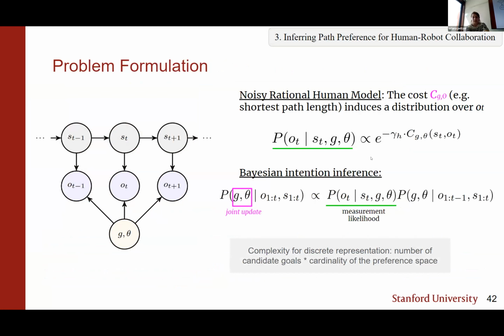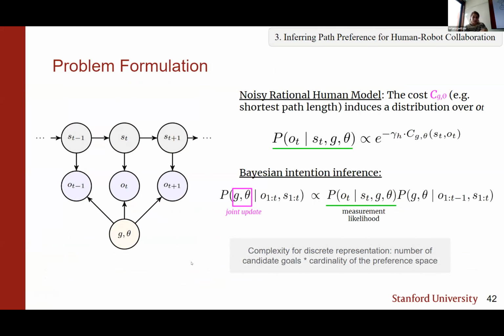And just to go a little bit further on the model, we're assuming a noisy rational human model. This is a common approach where we assume that the human's going to take actions to try to minimize some cost function, and the likelihood of the human taking this action is going to decrease exponentially with the increase in cost. And so this is a Markov diagram representing our model here.